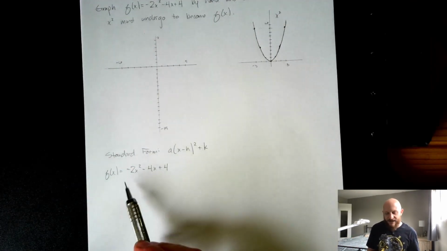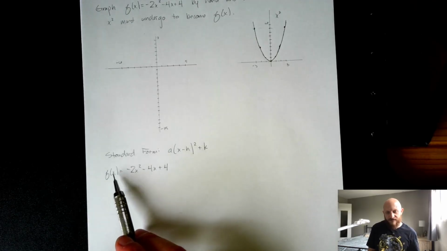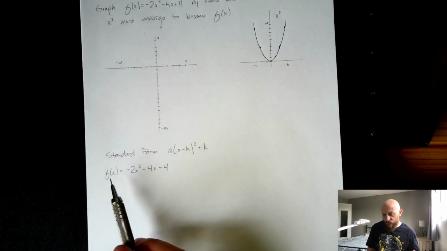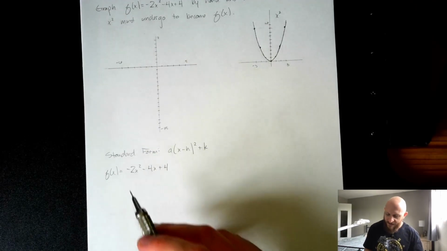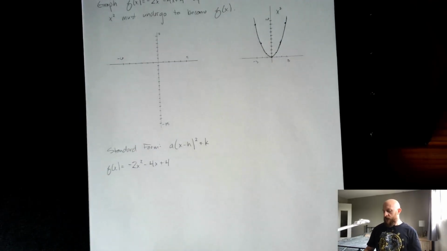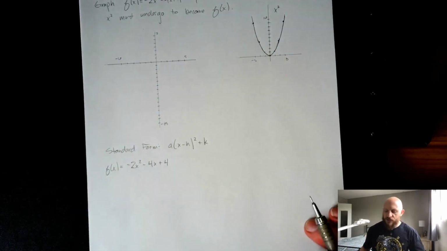Here, though, we can't set everything equal to 0. Everything has to stay equal to f of x in some way, because at the end we need to be able to say, okay, f of x is equal to this thing. So we have to maintain this f of x. We can't set it equal to 0. That just means a couple of adjustments.